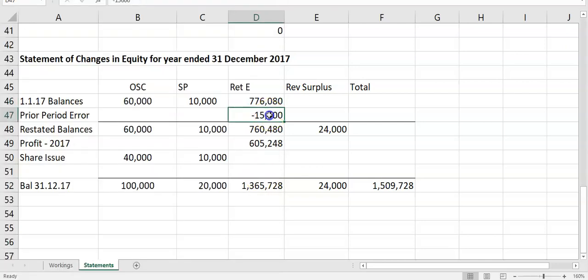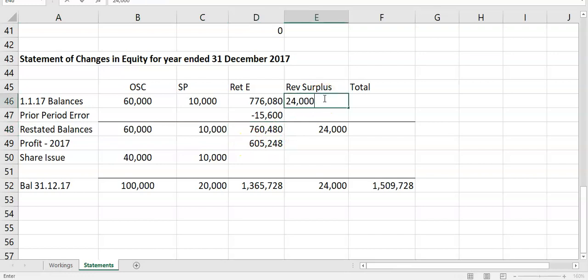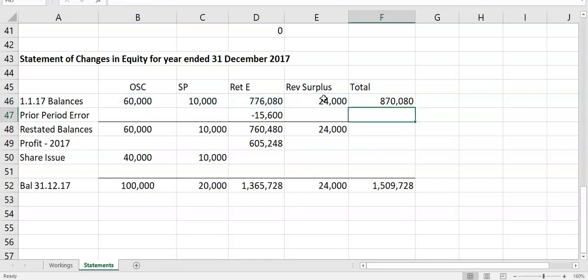Then we say that should have been 15.6 lower because there was an error in the 2016 accounts. So our restated balance is 760,480, and this is just 24 as before. There is a lot of repetition, but the examiner does like to embed the IAS 8 questions into the overall piece.